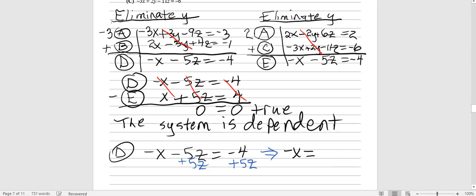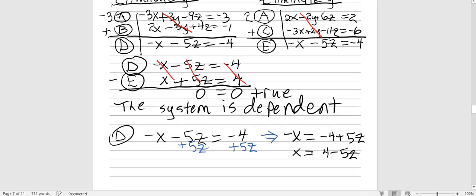I'm going to write this in the other order. I'm going to write it as negative 4 plus 5z. And then I multiply both sides by negative 1 to get x, and I get 4 minus 5z equals x. So that's my x.